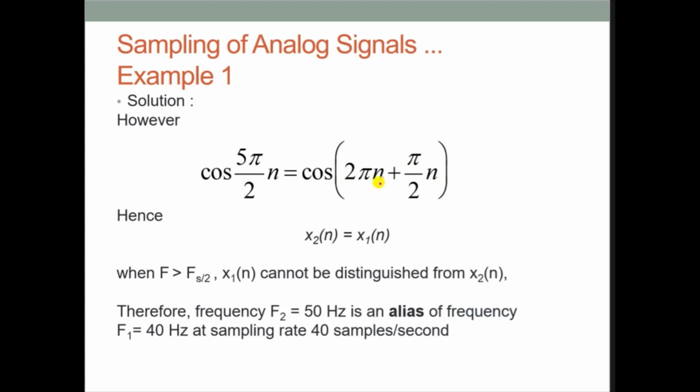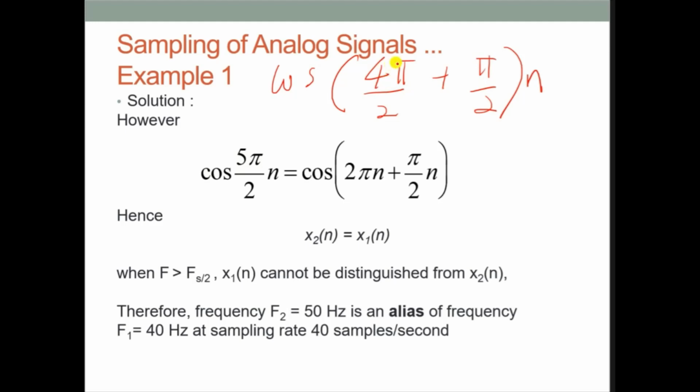How did we get this, madam? Here you have cos 4 pi over 2 plus pi over 2 n. This is 5 pi over 2, right? So you can expand this.